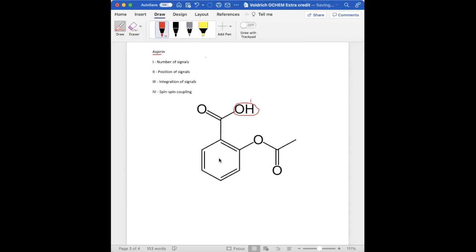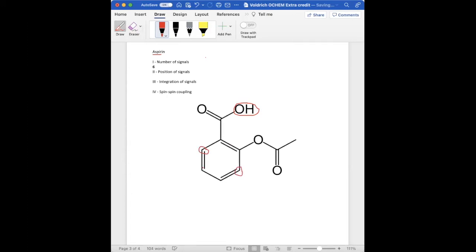But then these two may seem like they should have the same environment, but actually, since this is one away from the carboxylic group and two away from the ester, or ether, sorry, and these hydrogens are one away from the ether and two away from the carboxylic acid, these two will actually have differing environments.